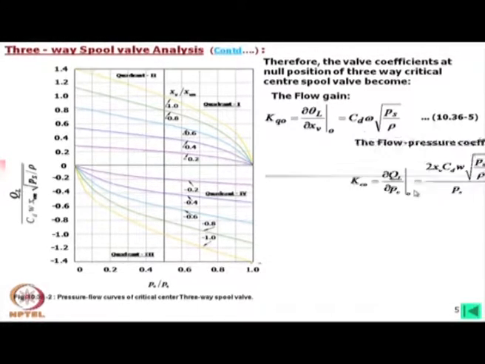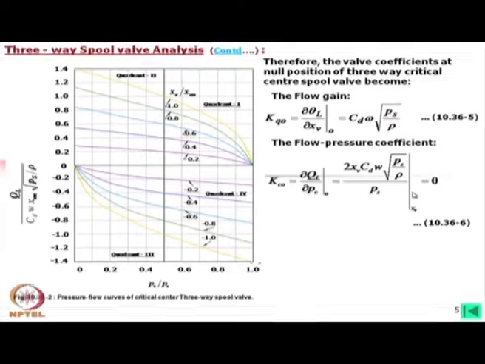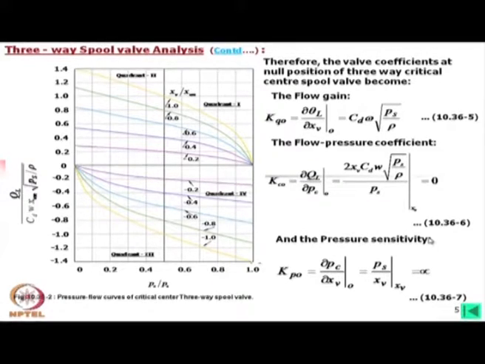Next, we will look into the flow pressure coefficient. The flow pressure coefficient is written in this form. This is W, this also will be W, not omega. Now, the pressure sensitivity can be written in this form.